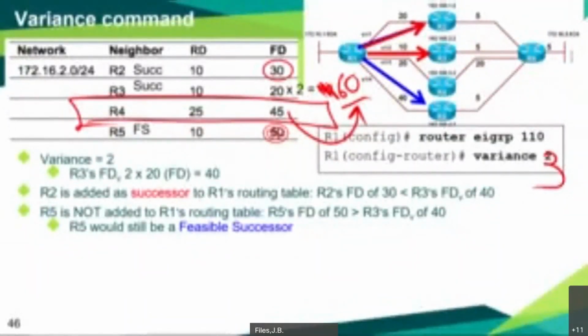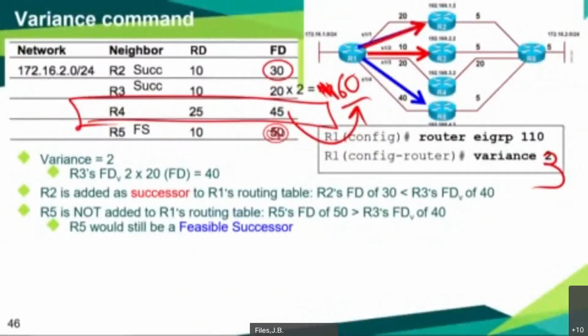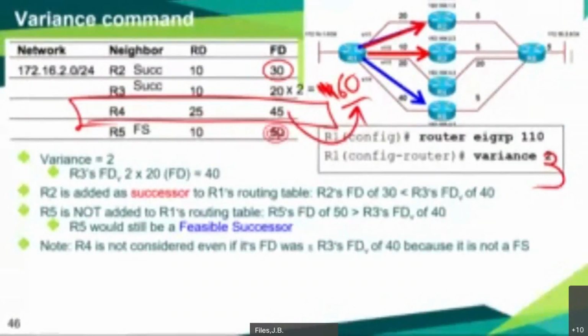You might think so, but remember, R1 thinks that R4 is a potential loop. That means R4 will not be load balanced with because it does not satisfy the feasibility condition. The most important thing that the routing protocol cares about is avoiding loops at all costs.